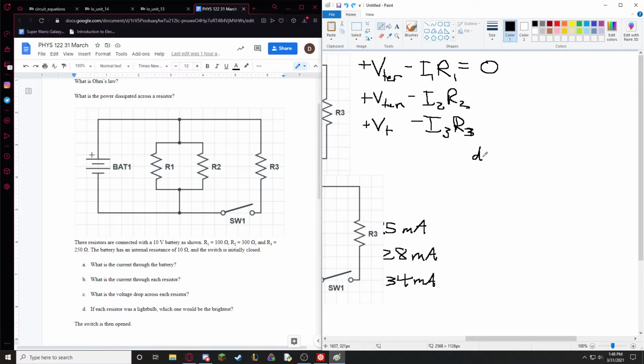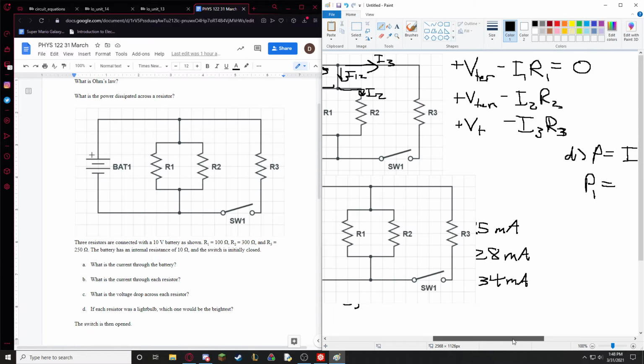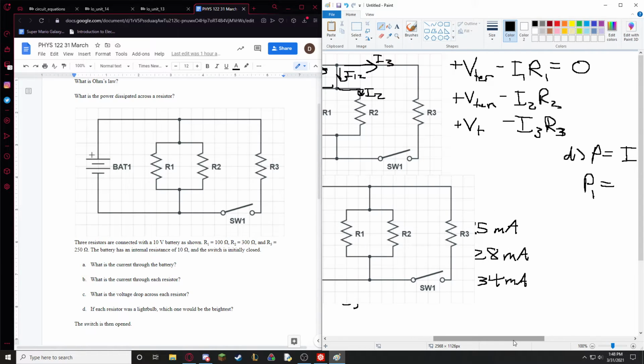So P is equal to IV. So for P1, what's the current I1 again, because I accidentally covered it up and I can't undo that far back in Paint.